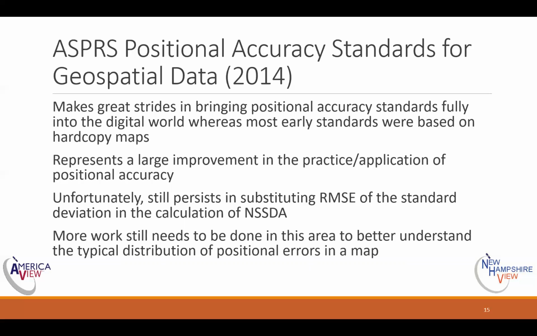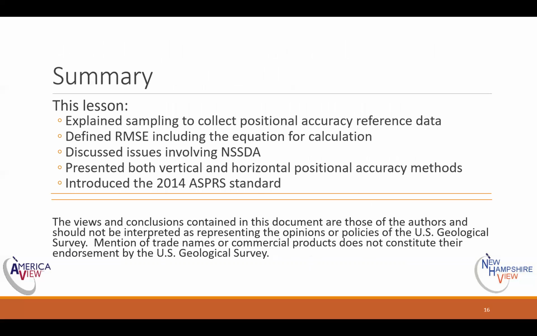All right, so what did we learn from this lesson? Well, we explained some of the sampling that's needed to collect the reference data for positional accuracy. Want to make sure that you understand that the data has to be well distributed, and we use the ASPRS method for doing that. That incorporates spatial autocorrelation.